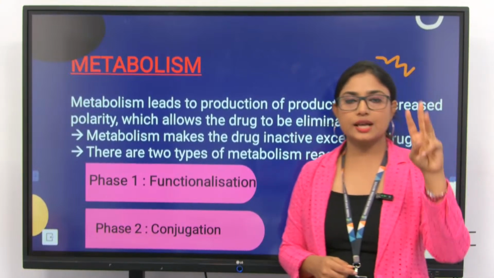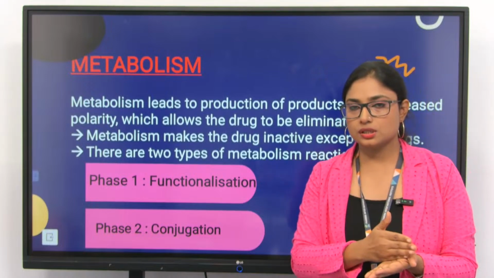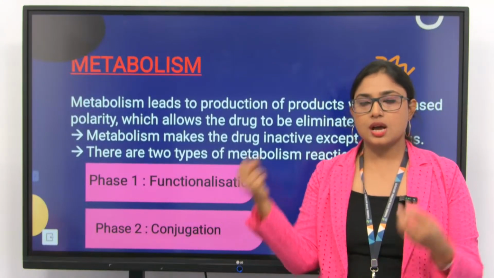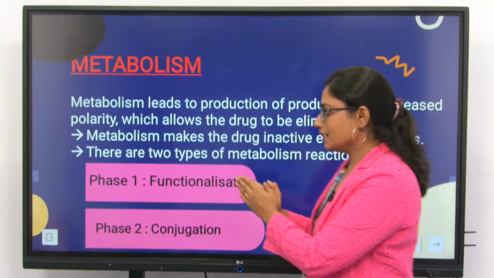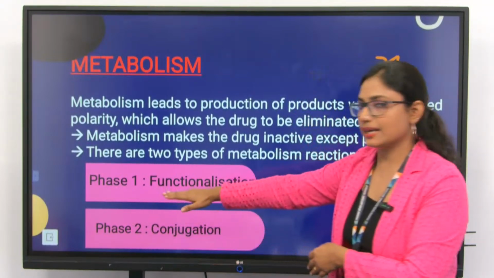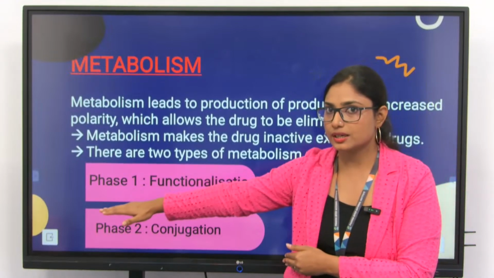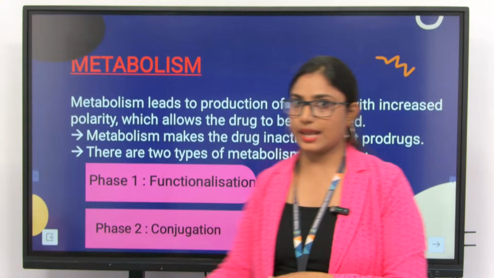Oxidation is addition of oxygen, reduction is the removal of oxygen, hydrolysis is nothing but the reaction with water. So still, if the drug is lipophilic, even after completing this functionalization or phase 1 metabolic reaction, it will move on to phase 2 conjugation reaction.